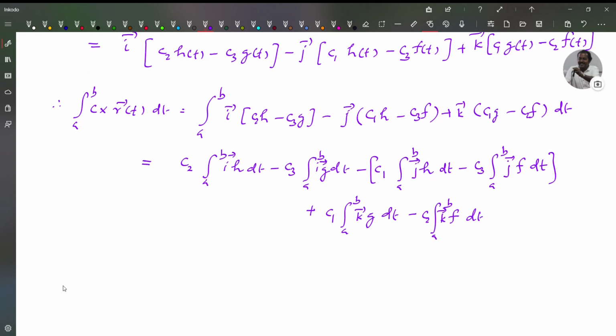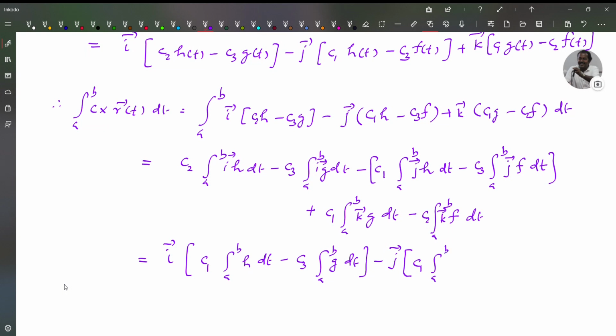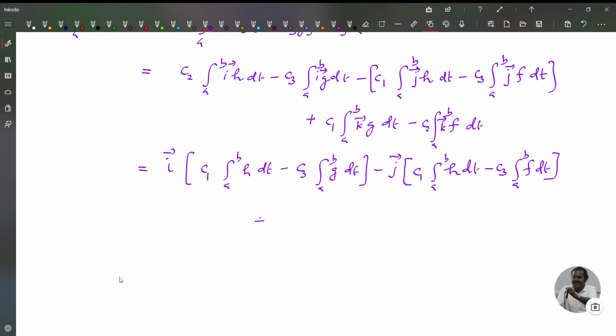So this is equal to i into c1 integral a to b h dt minus c3 integral a to b g dt, minus j into c1 integral a to b h dt minus c3 integral a to b f dt, plus k into c1 integral a to b g dt minus c2 integral a to b f dt.